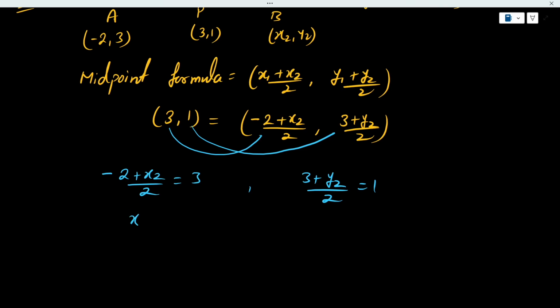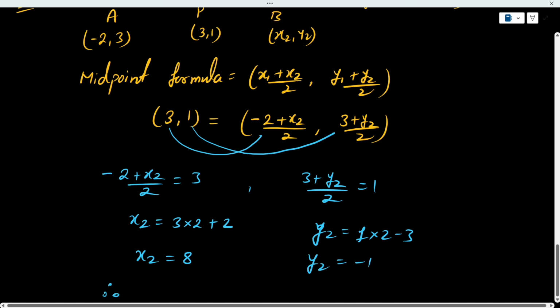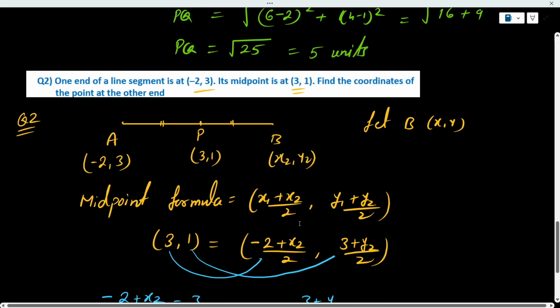Then if I transpose, x2 will be 3 times 2 plus 2, and y2 will be 1 times 2 minus 3. So you get x2 as 6 plus 2, it is 8, and y2 value 2 minus 3, it will be minus 1.